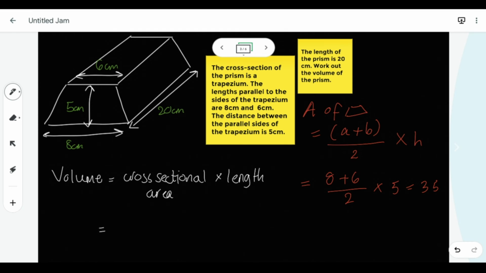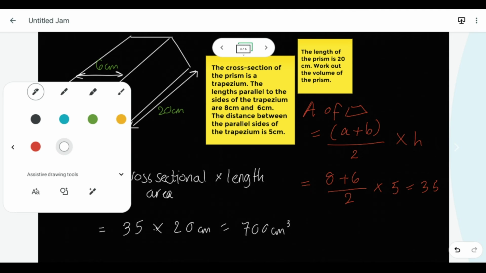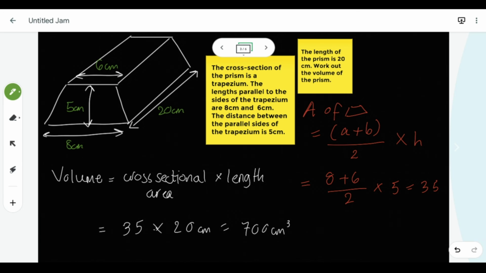So cross-sectional area is 35 multiplied by the length, which is 20 centimeters. And the answer to the question is then 700 centimeters cubed. So this is your final answer for the volume of this prism.